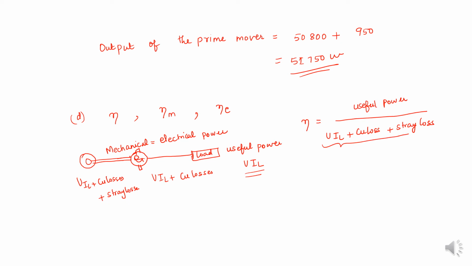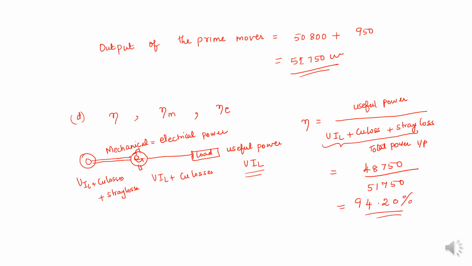The total power input, or mechanical power, is VIL plus copper loss plus stray loss. Useful power is 48750, and the total mechanical power is 51750. Now I have to divide this: 48750 divided by 51750 is equal to 94.2 percent. This is the overall efficiency.